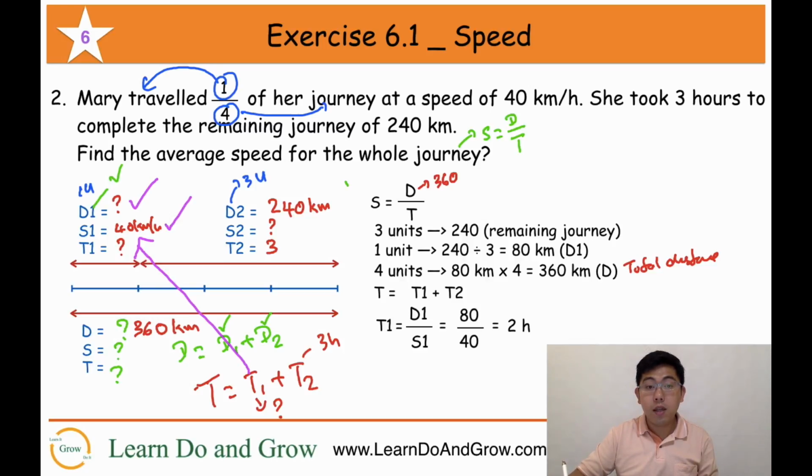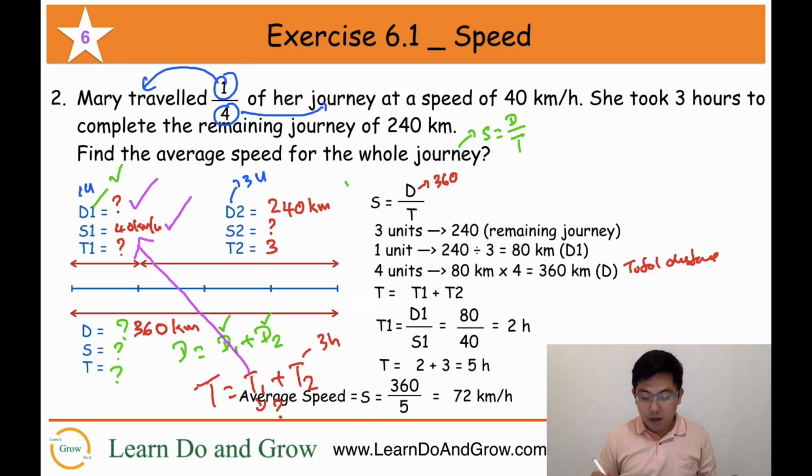T1 equals D1, the distance for the first portion, divided by the speed of the first portion. In that case, 80 divided by 40 equals 2 hours. From here, we can find the total time. So total time equals 2 plus 3 equals 5. And the average speed, S, equals 360 divided by 5, which is 72 km per hour. And that is the average speed.